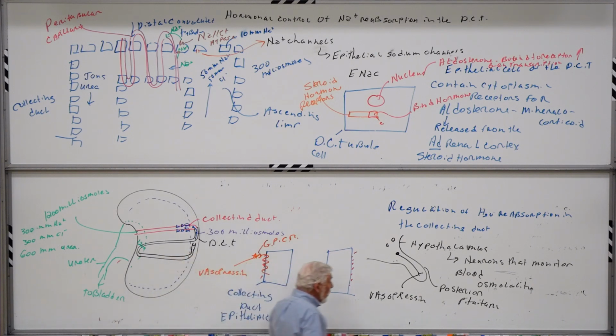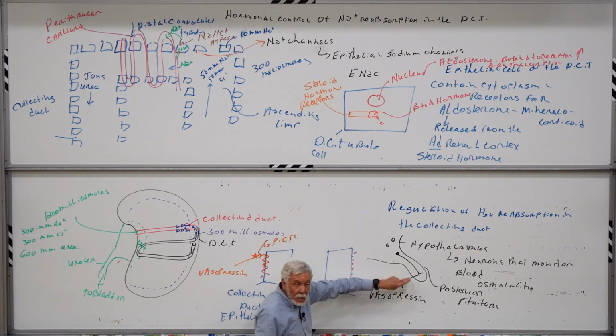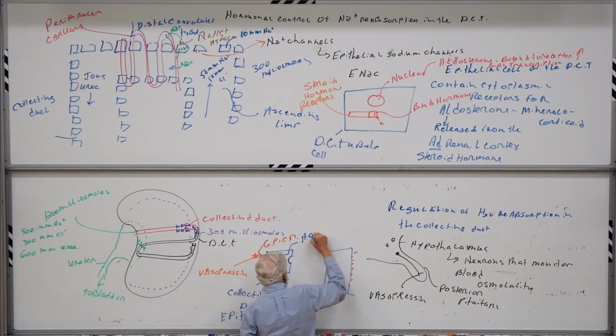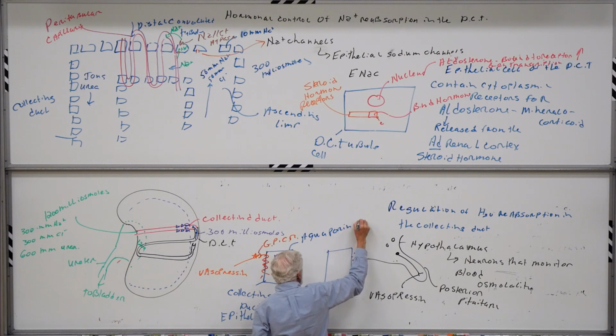Now you remember that one of the things that hormones can do is they can regulate exocytosis and endocytosis. So now under circumstances where we are really thirsty and we're generating a lot of this vasopressin, we're now inserting into the membrane here these vesicles which contain aquaporins, abbreviated AQP2.